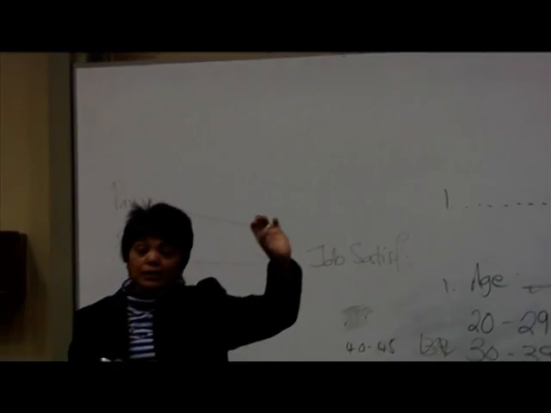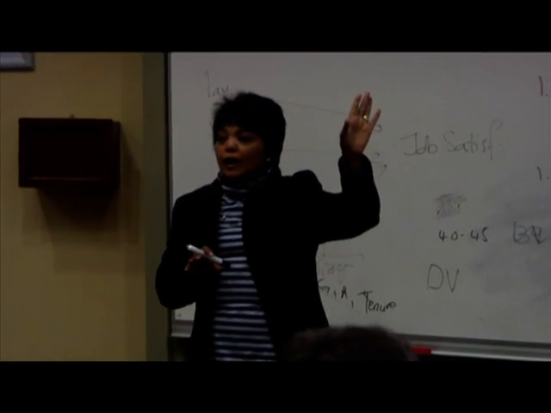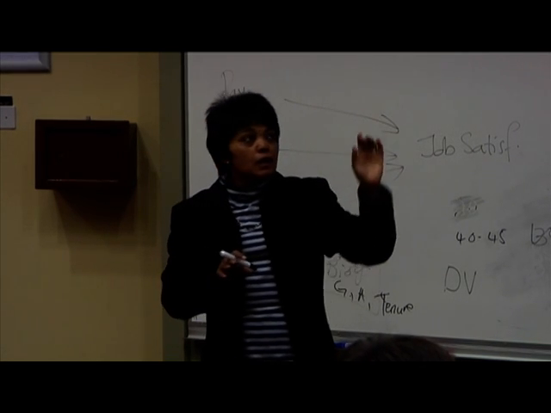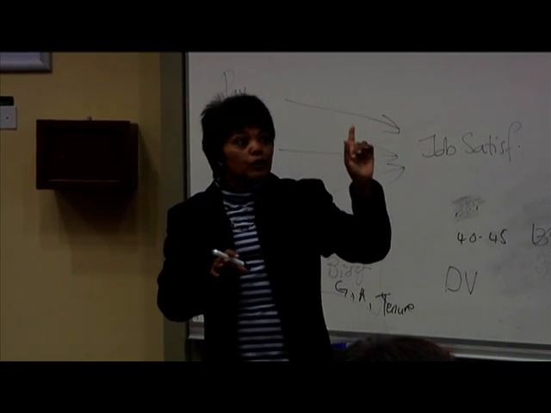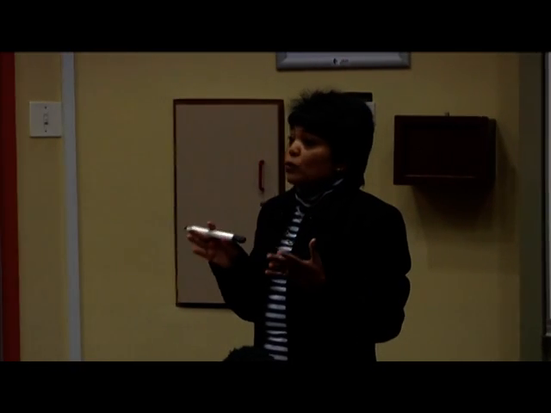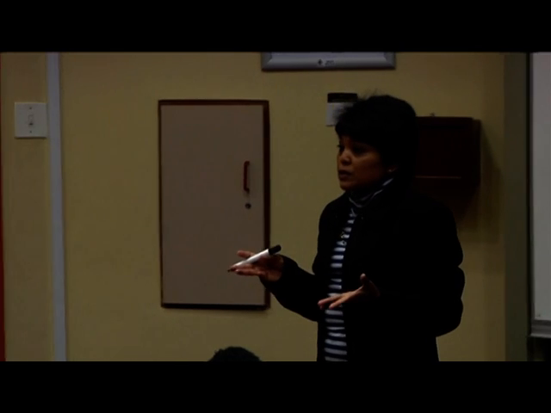So that theoretical framework will have a minimum of 20 items: 5 for pay, 5 for promotion, 5 for working conditions, and maybe 5 for job satisfaction in itself if you want to see the level of job satisfaction.